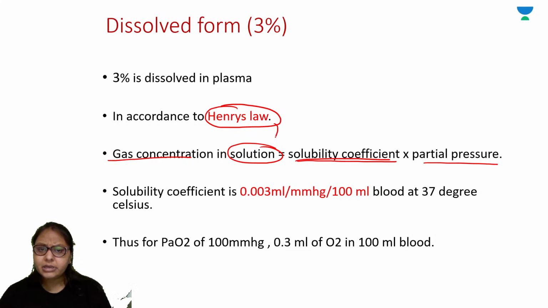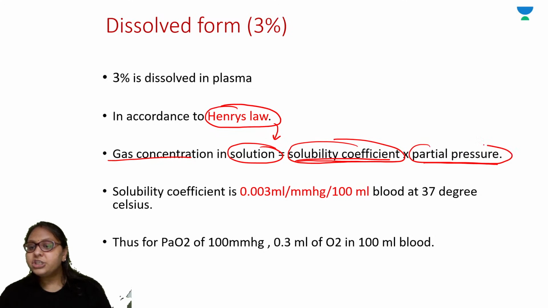So what does Henry's law state? Henry's law states that the gas concentration in solution, in the blood, how much oxygen is dissolved, is equal to its solubility coefficient into the partial pressure.